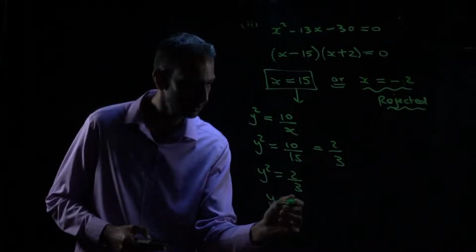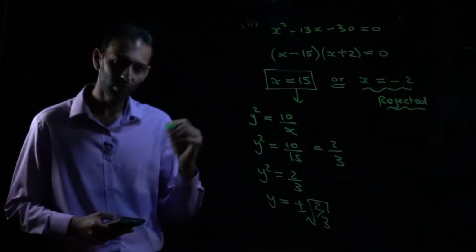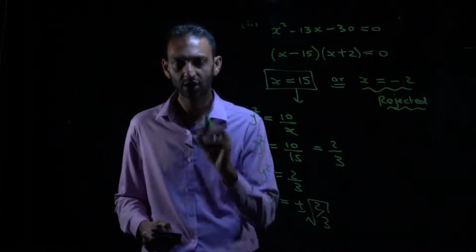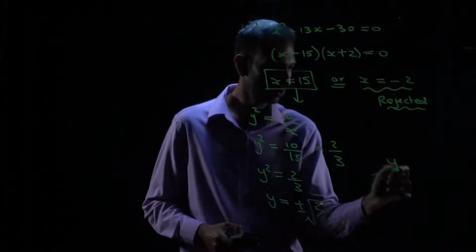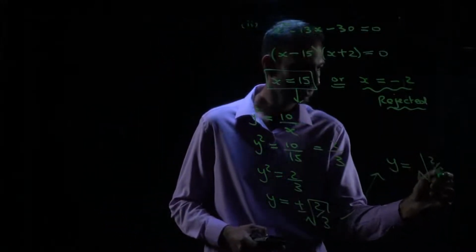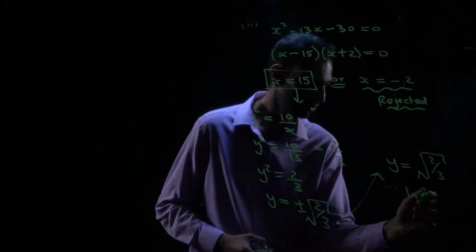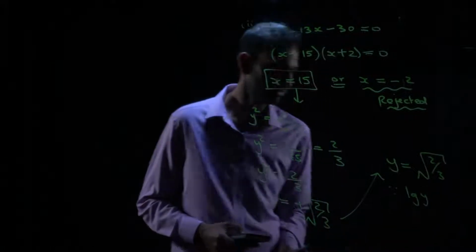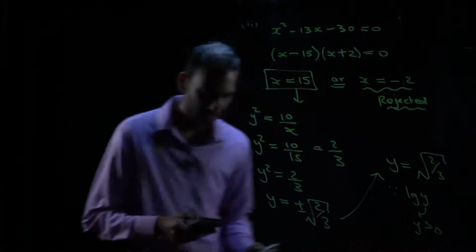So y is equal to plus or minus square root of 2/3. Remember, from the first equation, log of y is not defined for a negative value. So y is only the positive value, because y needs to be positive.